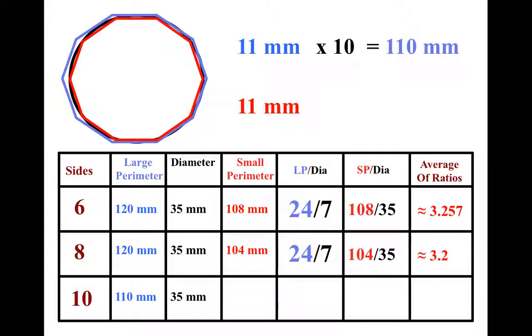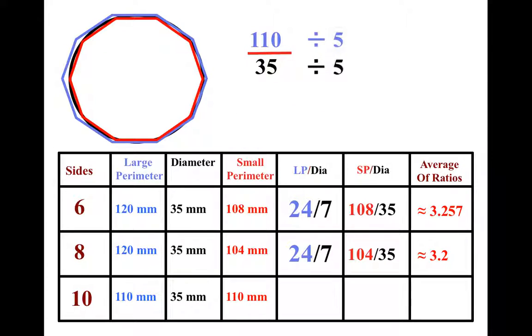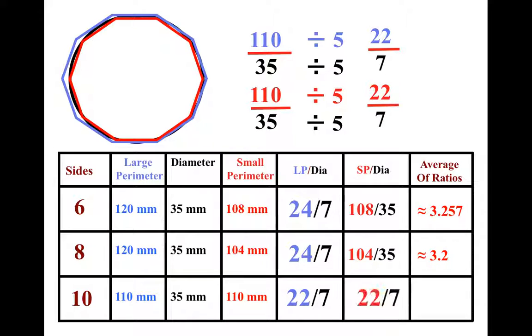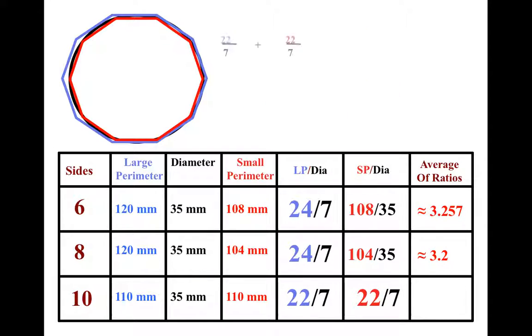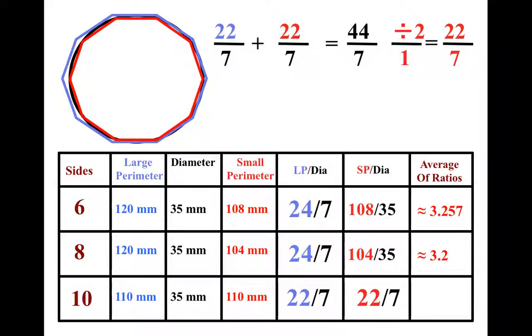It was about 10.7, but once again I rounded up. The neat part here is I'm going to get 22 sevenths, and of course, the other one would be exactly 22 sevenths also. When I add them together, I get 44 sevenths, I divide by 2, and yeah, I get 22 sevenths. And 22 divided by 7, 3.14. It has a few more decimals, but yeah, 3.14.